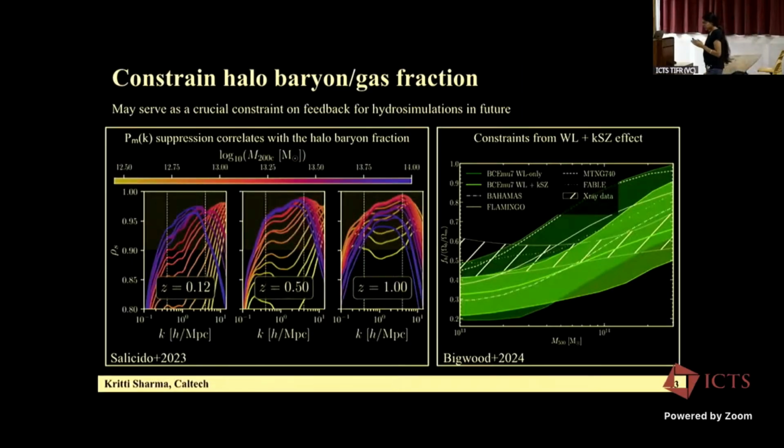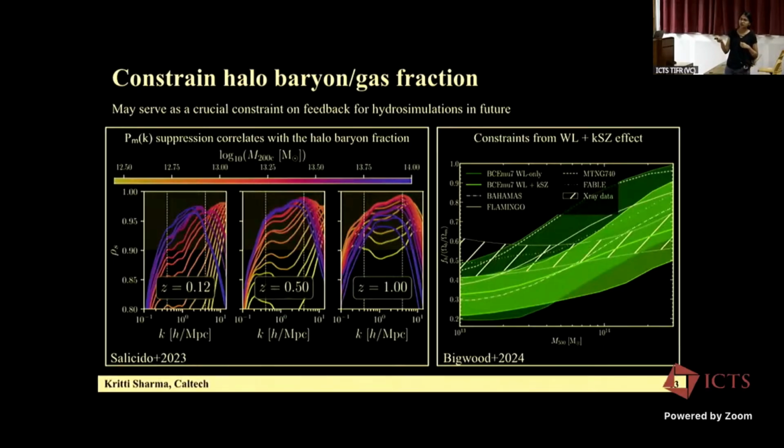And this is not just about constraining the suppression of the matter power spectrum. You can also translate that measurement into a baryon fraction of different mass halos. If you recall in one of the first slides, it's shown how suppression of the matter power spectrum correlates with baryon fraction in halos. So if you have that measurement, you can translate it to gas profiles or baryon fractions in different halos under halo models. As an example here, I'm showing the correlation coefficient as a function of scales for different mass halos.